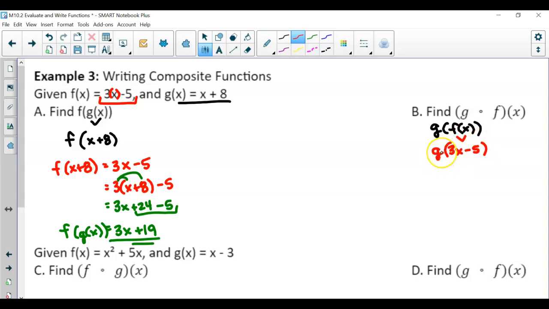So this is g of 3x minus 5, which is equal to... well, g of x is x plus 8. Or in this case, we need to plug in x with 3x minus 5 plus 8. Now notice there was no value to distribute, but we do have like terms to combine. Negative 5 plus 8, which is 3x plus 3.